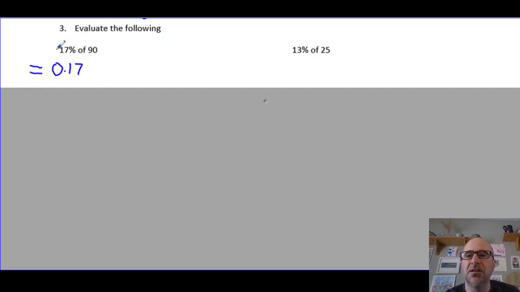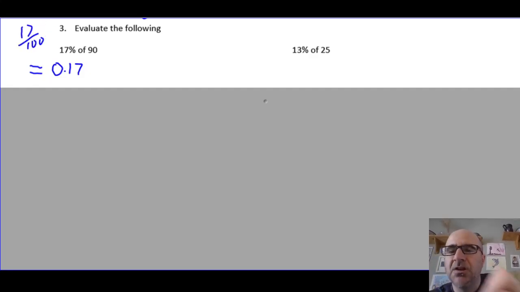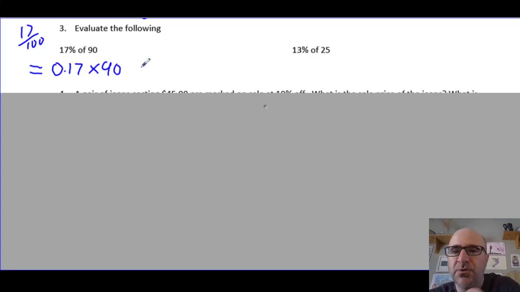So you have changed 17 out of 100 into a regular number, 0.17, and regular numbers are out of 1, they're not out of 100. Now if you have 17% of 90, you have 0.17 for every 1, and we have that 90 times. So we multiply 0.17 times 90, which gives us exactly 15.3.